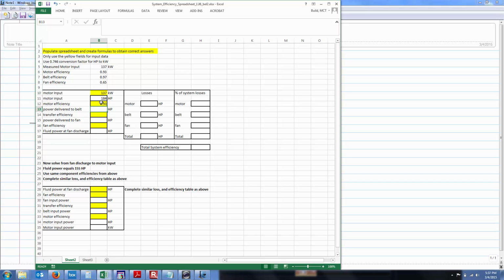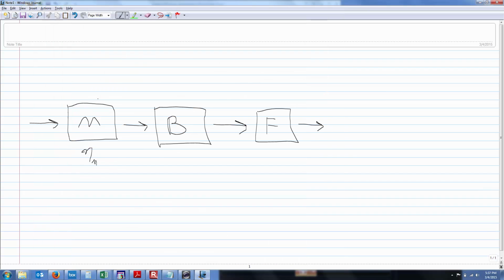So we know that we're losing 7% of our power in the belt. So in order to figure, or sorry, no, I'll take that back. The motor itself is 93% efficient. So we know that of the 184 horsepower coming into the motor, I can just write the 184 right here.